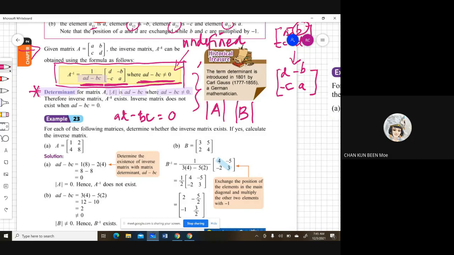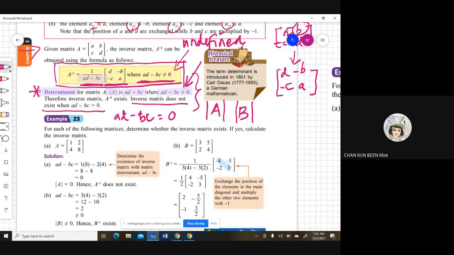So you got to make sure only when it is not 0, there will be an inverse matrix. If it is 0, there's no inverse matrix. So the inverse matrix does not exist when AD minus BC equals 0. Remember again, when it is equal to 0, there's no inverse matrix.